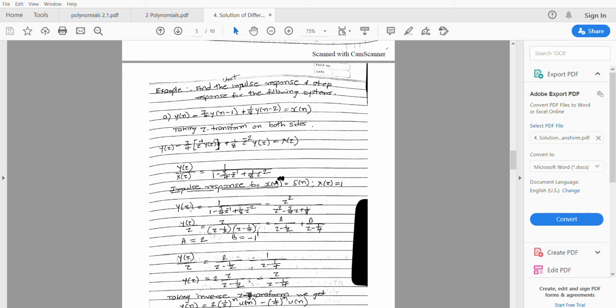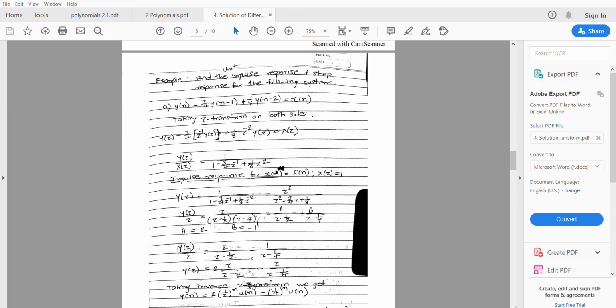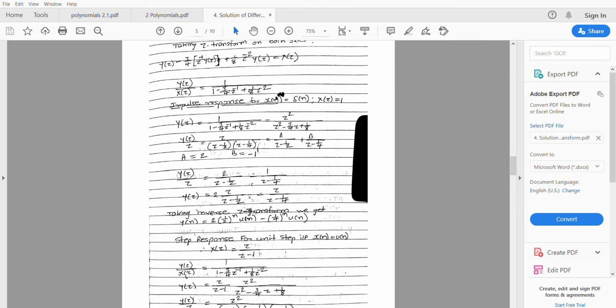So Y of z upon 1, then convert these negative powers into positive powers, find out the roots, and then use partial fractions. Using partial fractions, we find A is equal to 2 and B is equal to -1. Then, taking z on this side, we can find the inverse Z transform, that is 2 into half raised to n u of n minus 1 upon 4 raised to n u of n. So this is the unit impulse response.